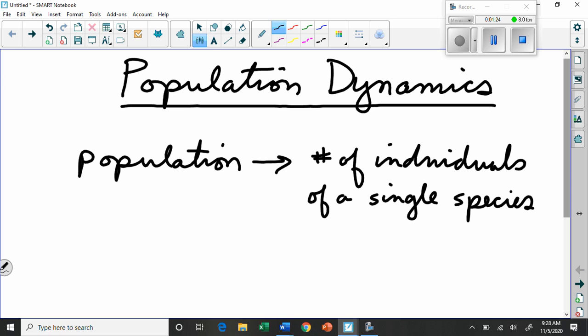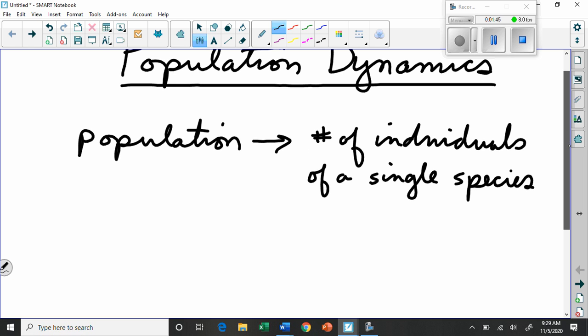So the population of foxes, the population of humans, the population of maple trees, the population of bracket fungi, the population of some individual species in a particular area. And how those populations are affected and how they change and move up and down is essentially what population dynamics is all about.